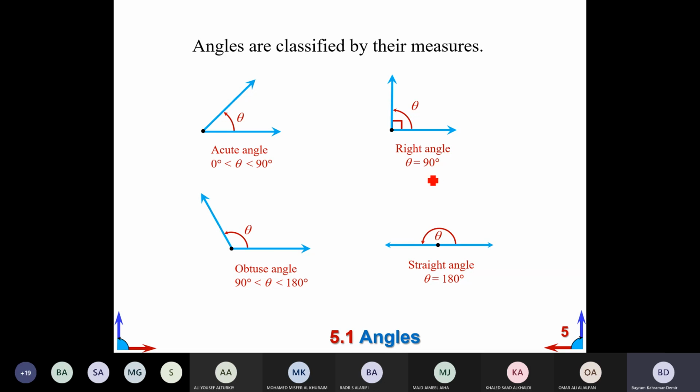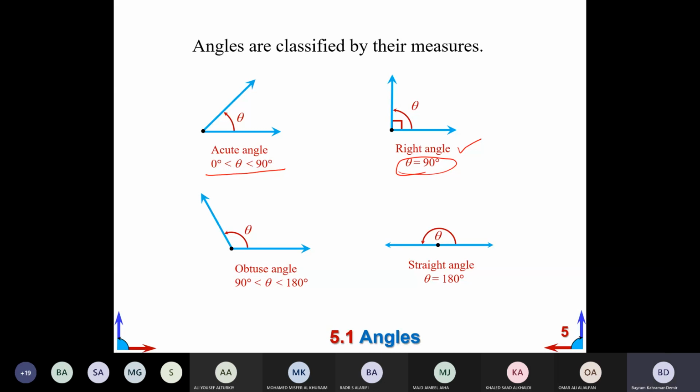For 90 degrees, Shabab, we are going to call it a right angle. But if something is less than 90 degrees but positive, of course, we will call it an acute angle.